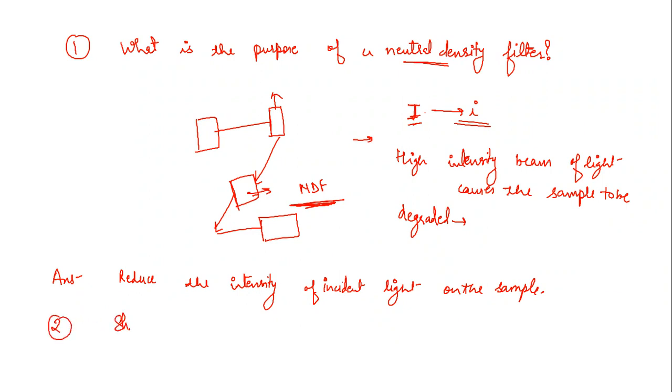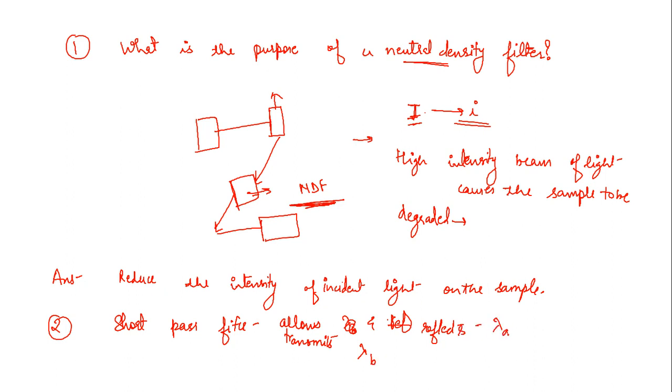Okay. Related to this, there is one more question, that is second, which I'll write here. Suppose there is a short pass filter which transmits lambda b and reflects lambda a.